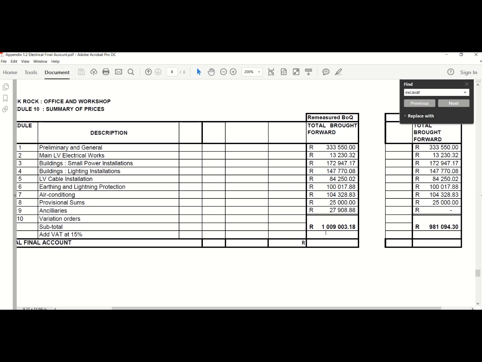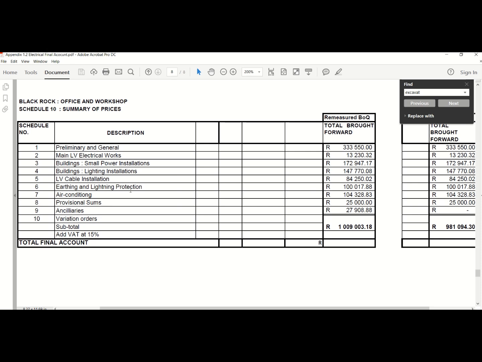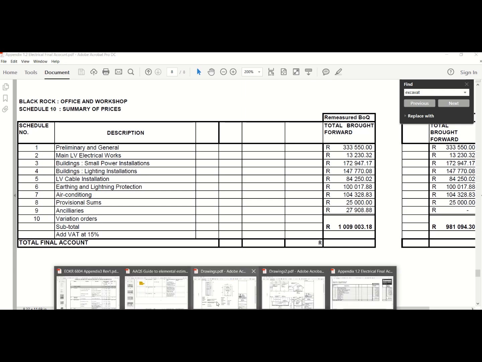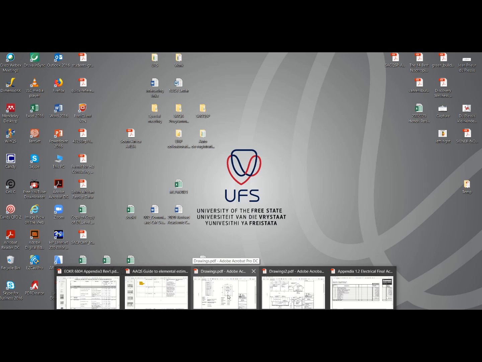Okay, so you would see in this section what you want to do is you can measure it in two ways. You can either measure your electrical installation per fitting or per square meter. Now the easiest way that I'll suggest you use is actually to use the method used in the example.